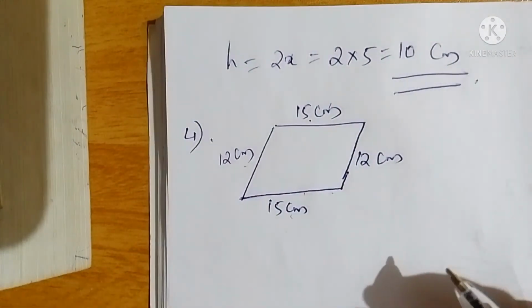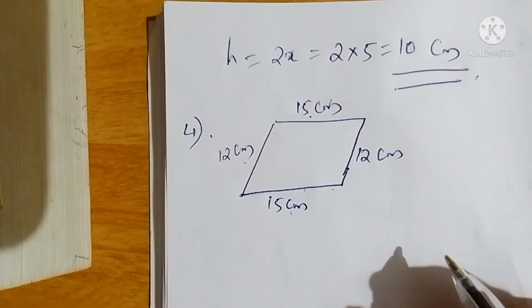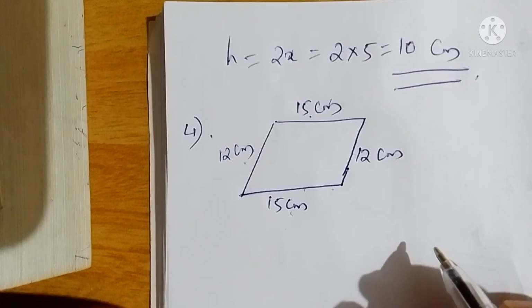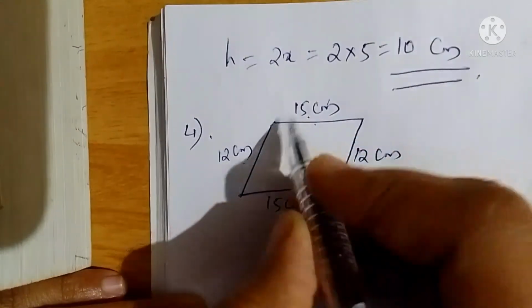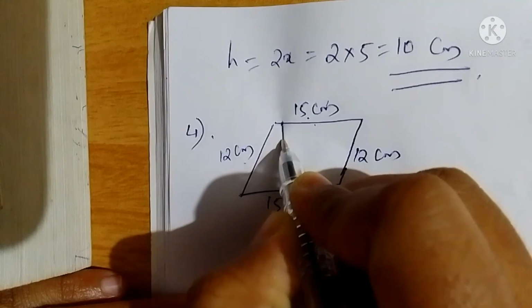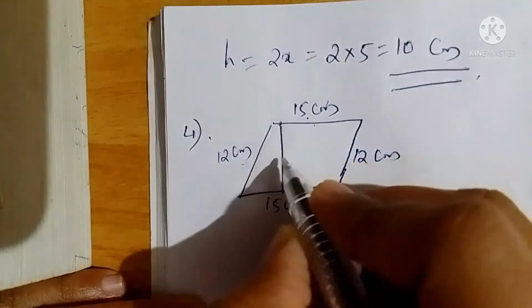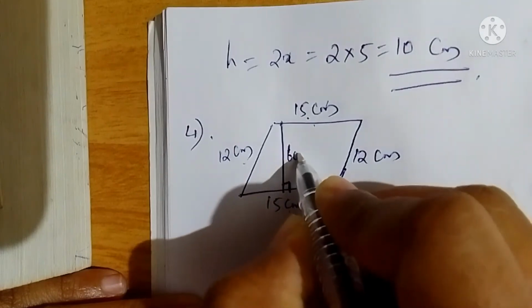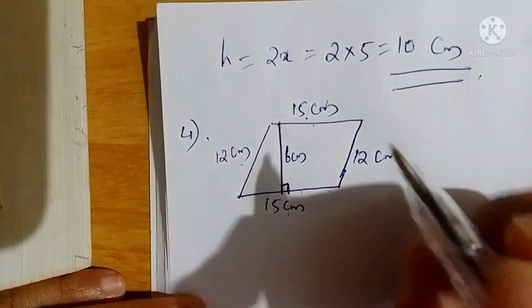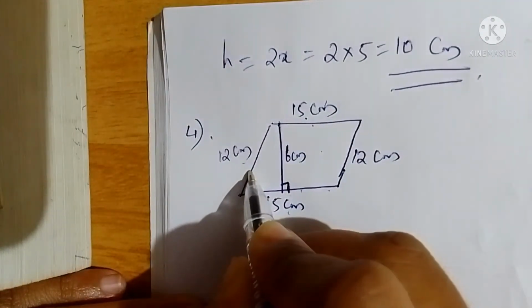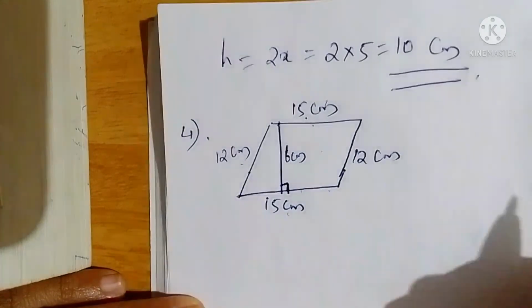Now in the question it is given the distance between the 15 centimeter sides. The distance between the two 15 centimeter sides means perpendicular distance. It is given 6 centimeter. We have to find the distance between the 12 centimeter sides.